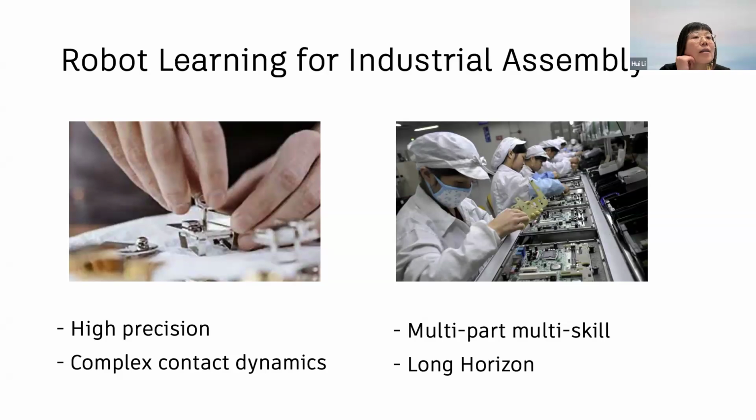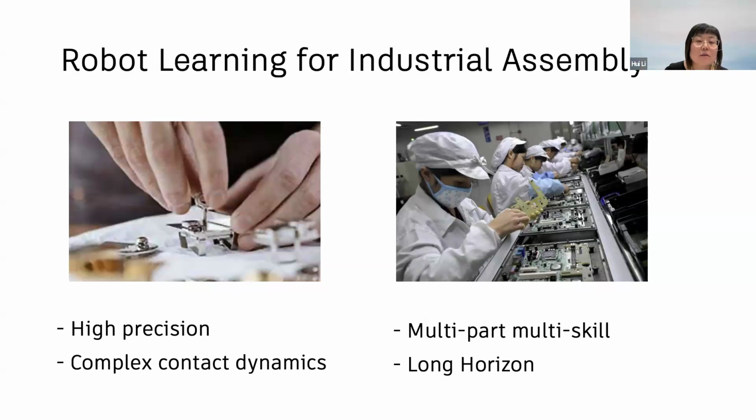When we zoom in, we look at this very contact-rich insertion phase of assembly. It's usually high precision and results in very complex contact dynamics. And when we zoom out and look at the whole assembly, it usually requires multiple parts, multiple steps, and oftentimes multiple skills. It's a long horizon task. So I'll talk about these two levels.